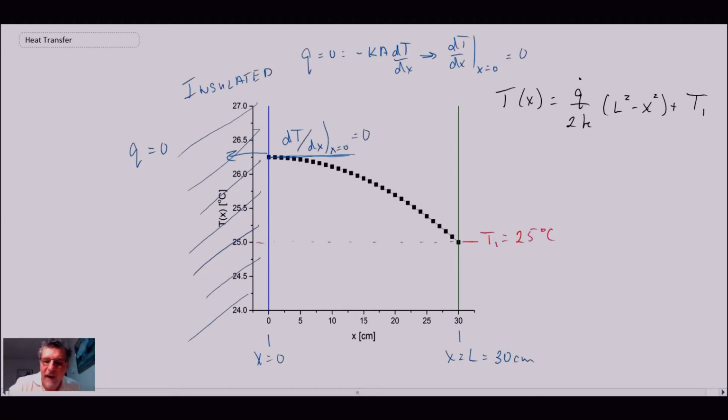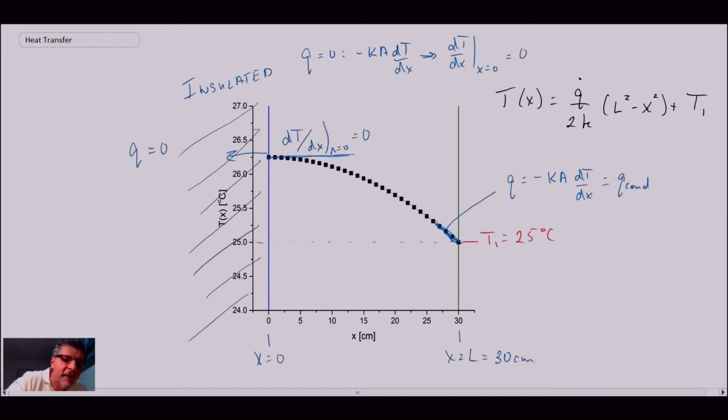The final piece of information we can extract is if we look at the slope at this point here and apply Fourier's law, that would be q conduction.